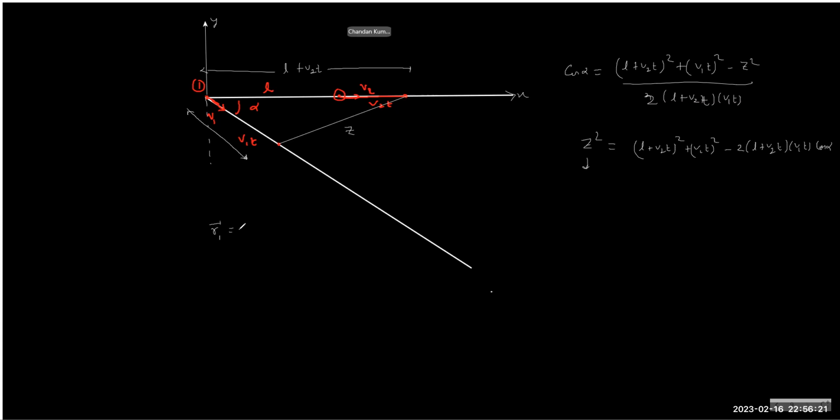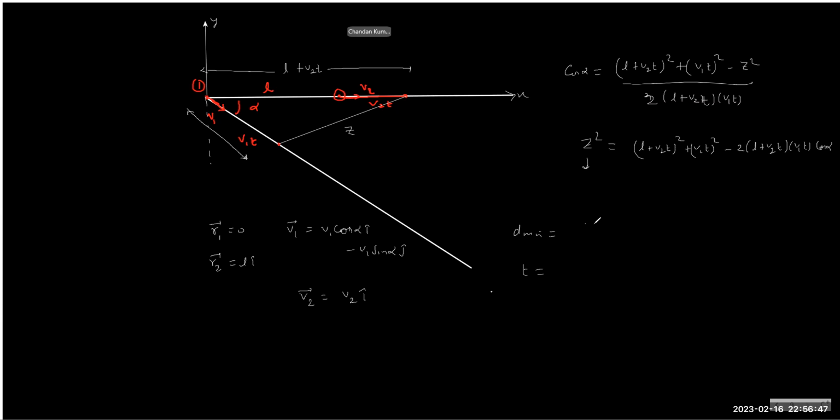R1 is 0, a null vector. R2 is L i. And V1 we have to write properly: V1 cos alpha i cap minus V1 sin alpha j cap. V2 is very simple now: V2 i cap. And we know the formula for D minimum and T minimum, right?